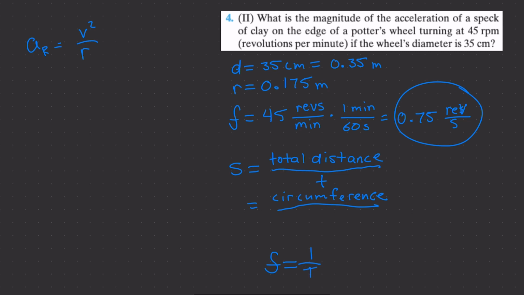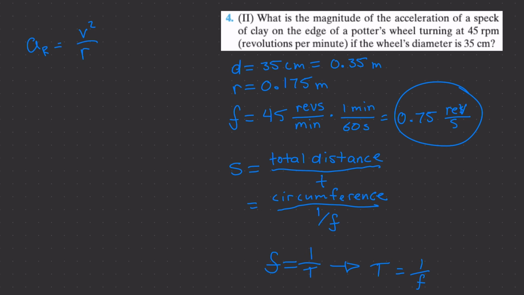Okay, so if 1 over T is equal to f, then T must be equal to 1 over f. All right, so then I have some relationship here where I have 1 over our frequency.